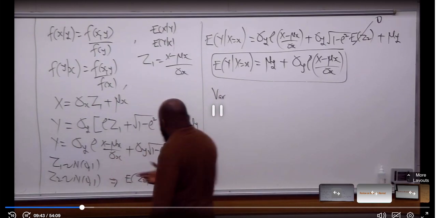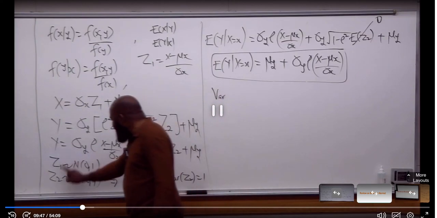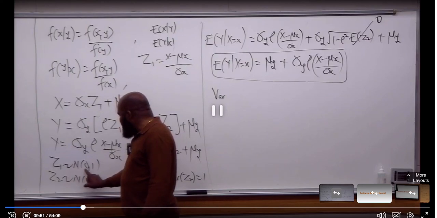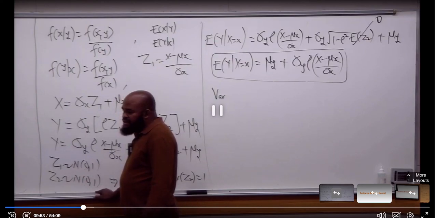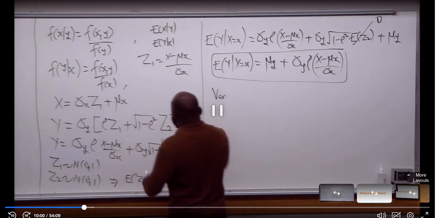What Z2 was? Z1 and Z2 are standard random variables. They follow a normal distribution with this. Z2 is just like y minus mean y over the standard deviation. That's a very good question.